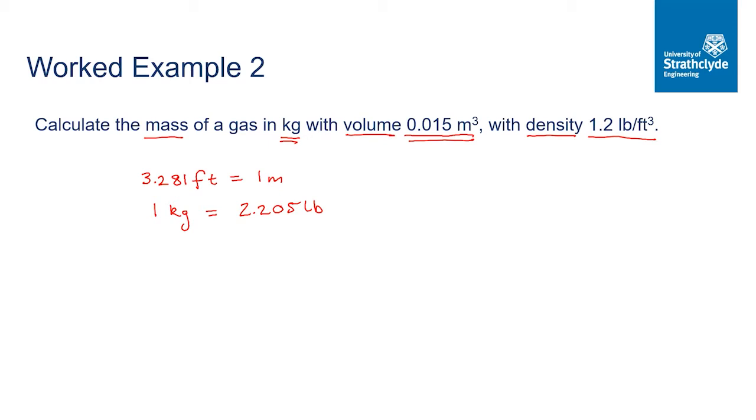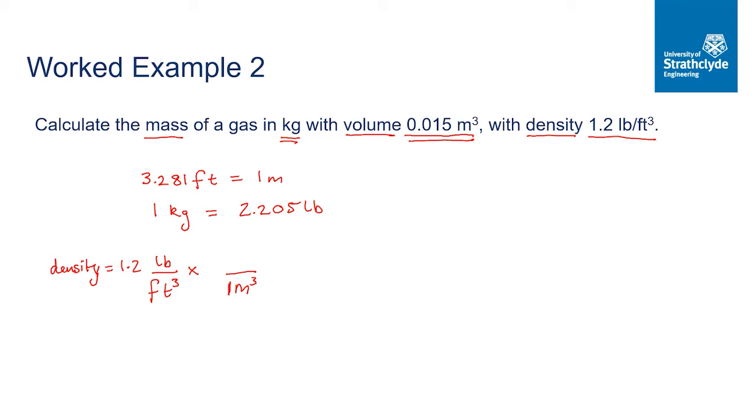Then to convert our density, which is 1.2 pounds per foot cubed, we want to cancel out our foot cubed and replace it with meters cubed.